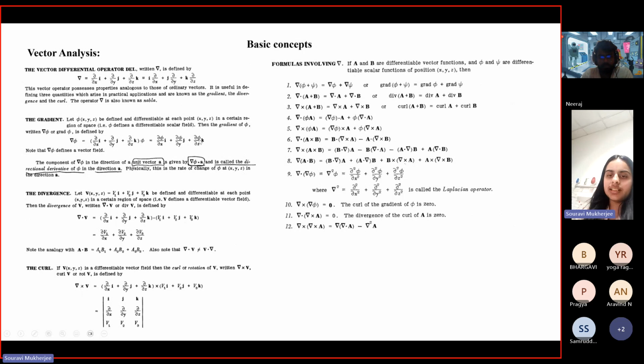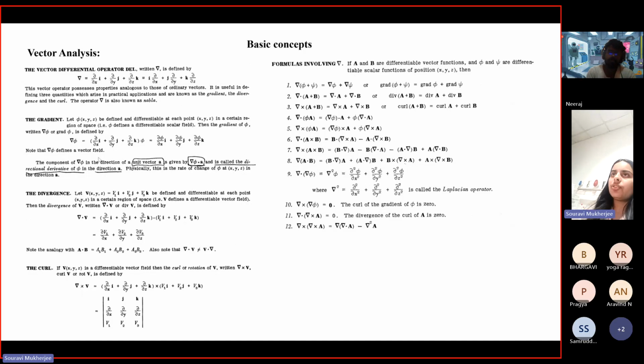This physical understanding of these operators is very useful and very important. When you have a scalar quantity and you apply the del operator, you find the gradient of the scalar. What you are actually finding is the change in phi. Del phi gives you the direction along which phi changes the maximum.